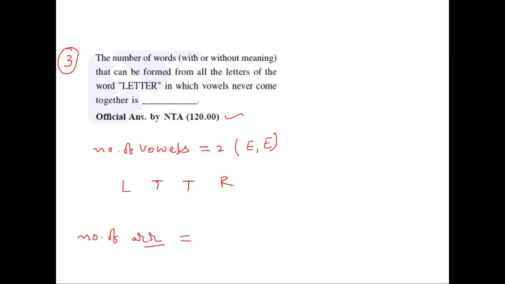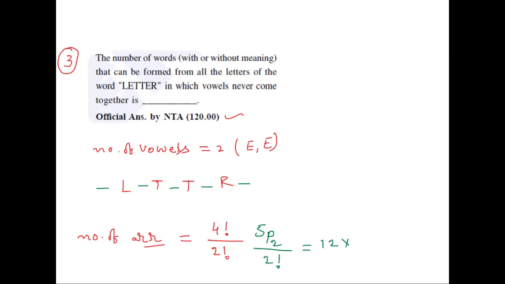So the number of arrangements, the number of words: 4 letters can be arranged in 4 factorial, divided by 2 factorial since 2 letters are repeated. But see that there are 5 gaps. 5 gaps can be filled with 2 vowels, but these 2 vowels are similar, so write 2 factorial in the denominator. 4 factorial by 2 factorial means 12, into 5P2 means 5 into 4 by 2 factorial.